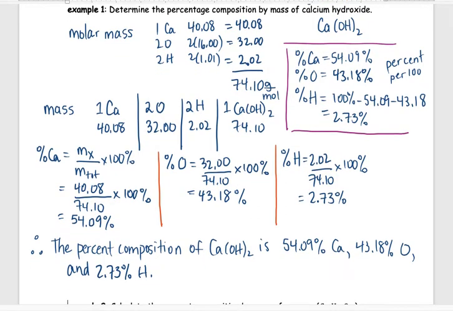You should know that you found the percent composition of a substance, and the percent composition of calcium hydroxide is 54.09% calcium, 43.18% oxygen, and the 2.73% that's remaining is the hydrogen that makes up the calcium hydroxide.